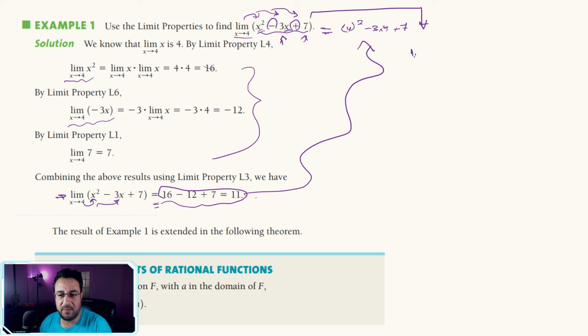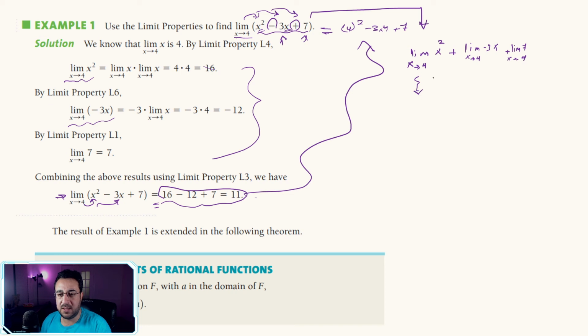In this case, you have the limit as x approaches 4 of x squared plus, okay, we have a minus sign there, but that's fine because we will put it inside the limit, plus the limit of minus 3x as x approaches 4, or you can say minus the limit of 3x, you want to take care of the sign, plus the limit of the number 7 as x approaches 4.